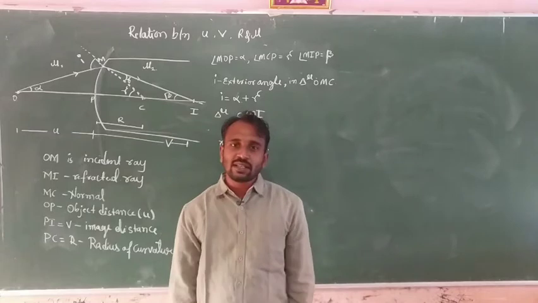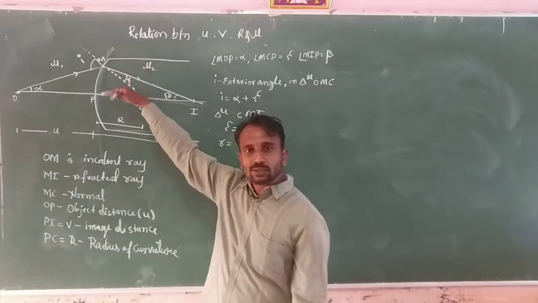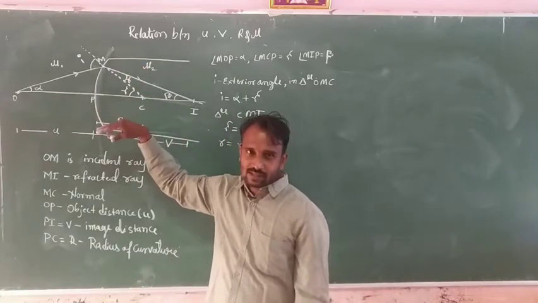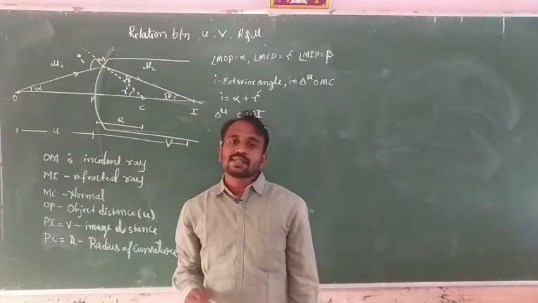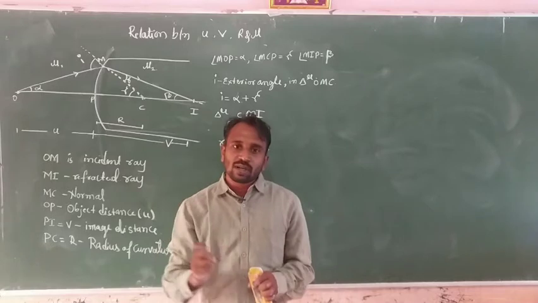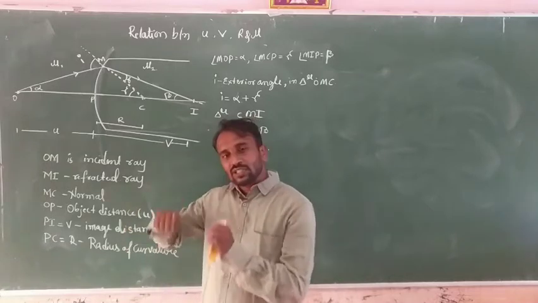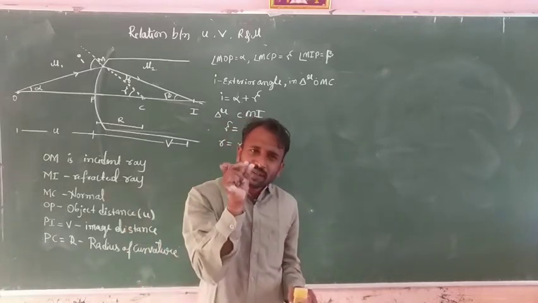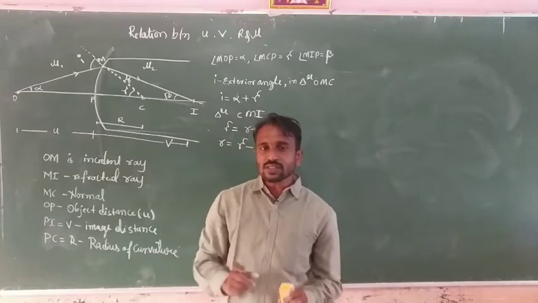Another thing, this incident ray and refracted ray we consider paraxial rays. Paraxial means light rays near the principal axis. When these rays are paraxial, alpha, beta, gamma, the angle of incidence and the angle of refraction are very small.